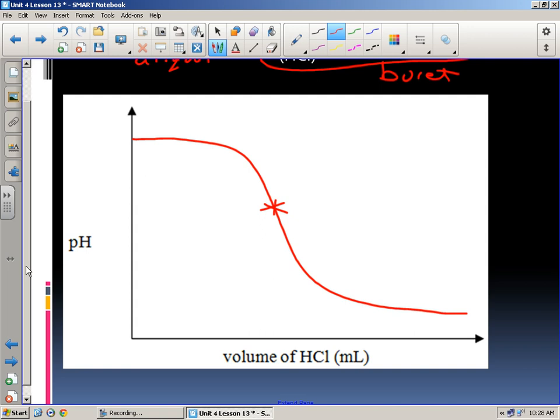Now, in Chem 20, the endpoint was the neutralization, if you want, of the acid and the base, that magical point where we get that 1 mole to 1 mole relationship, okay? The endpoint in Chem 20 was probably a color change for you guys.